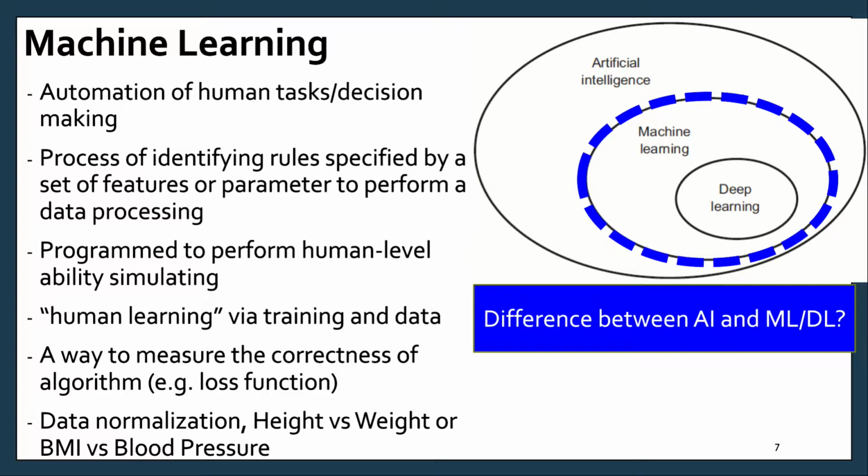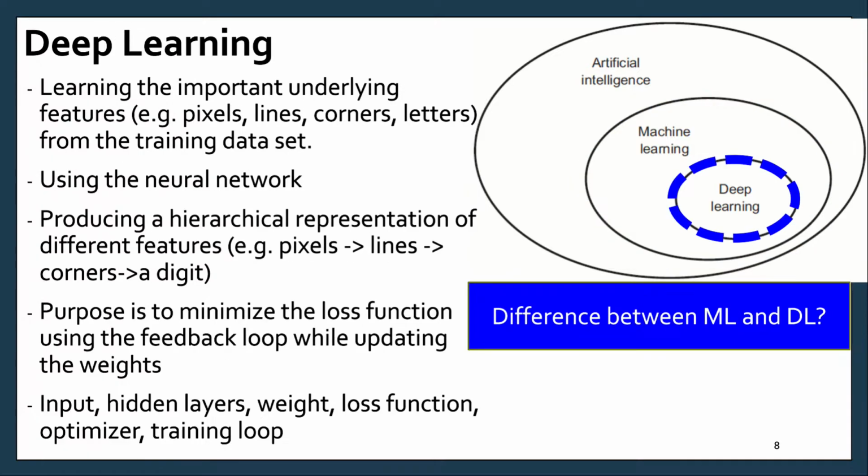You have this input and output, and in the middle is processing, okay? And you can see there's rules versus learning. Again, with machine learning, once we get the rules right, it will know how to predict better, so it learns.